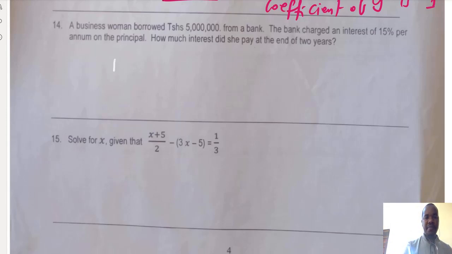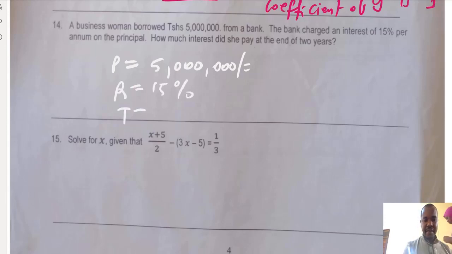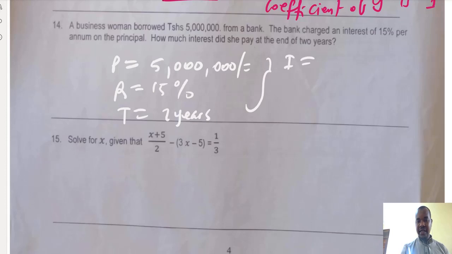So we were given principal 5 million shillings, and we were given that the rate is 15% and time is 2 years. Okay, so we are looking for simple interest. Actually, it is PRT over 100.